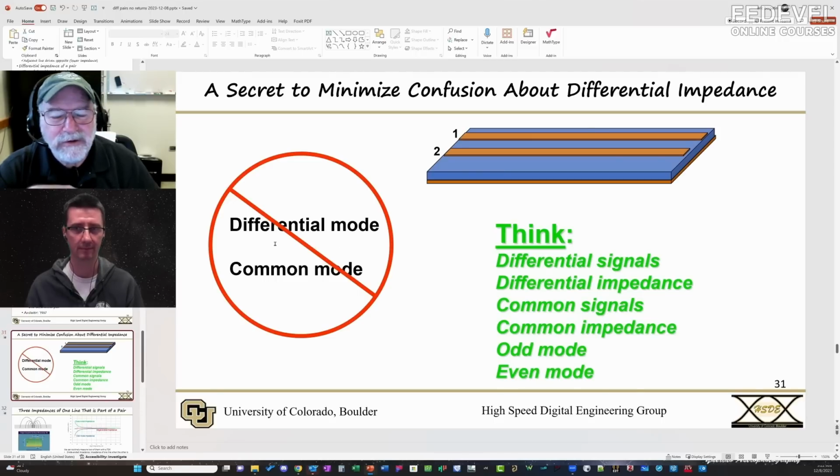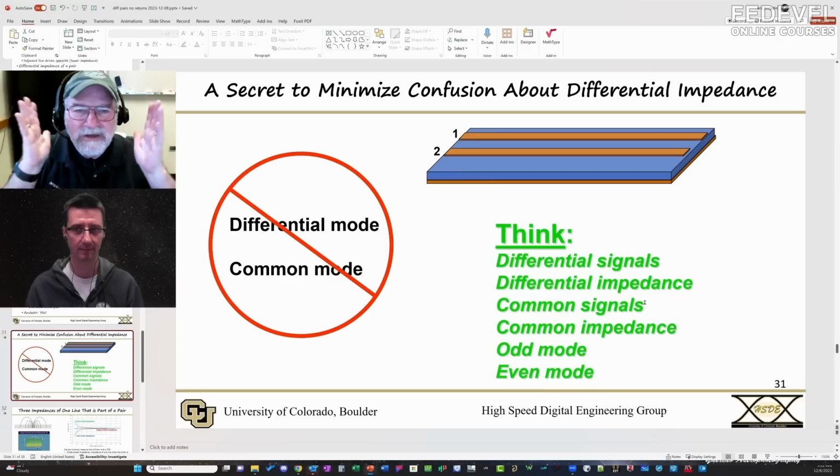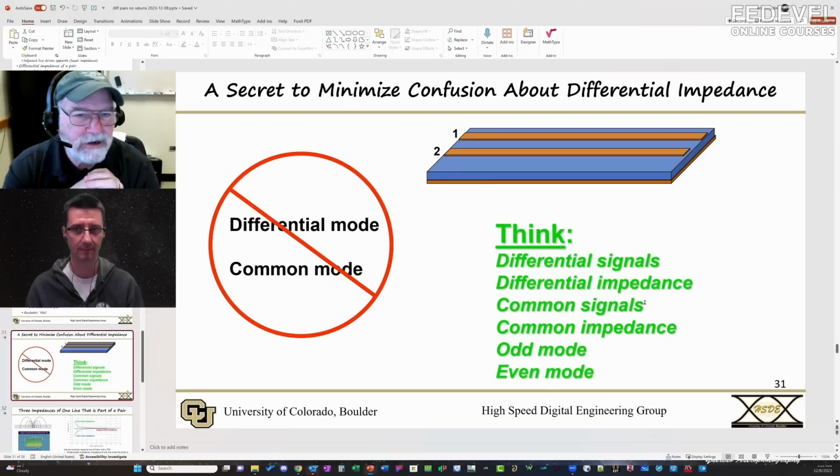Don't use the term, which I hear over and over again in the industry, differential mode signals and common mode signals. EMI guys have used this historically, and I'm never going to change them. But if you're a signal integrity engineer, get in the habit of thinking differential signal and common signal, because it forces you to think about the signals, not the interconnects.